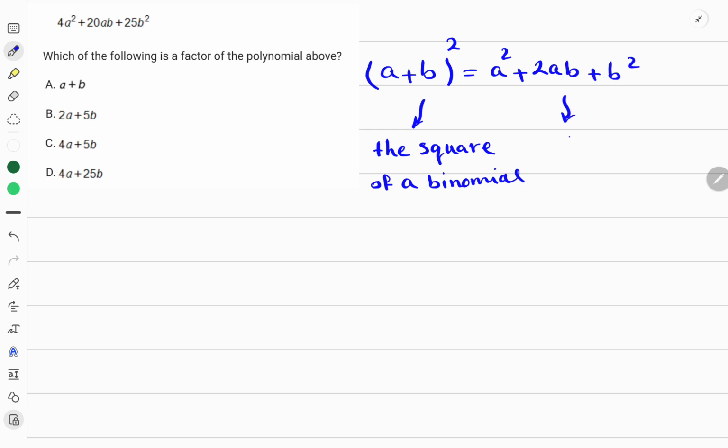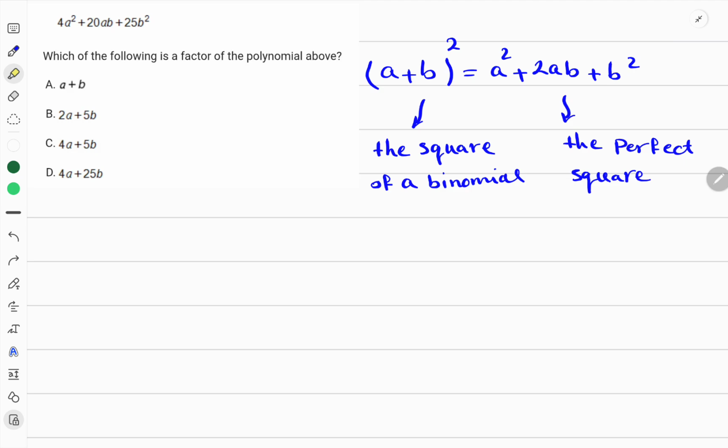And this is called the perfect square. So you can see that this is the square of the first term, this is the square of the second term, and this is 2 times the product of a and b.